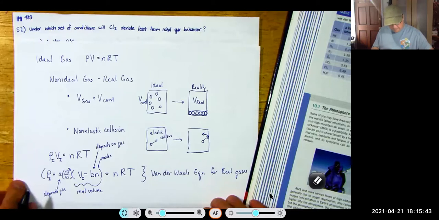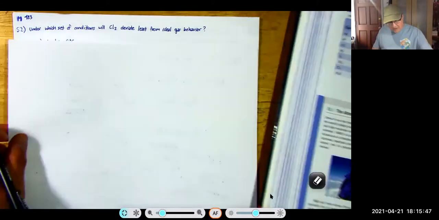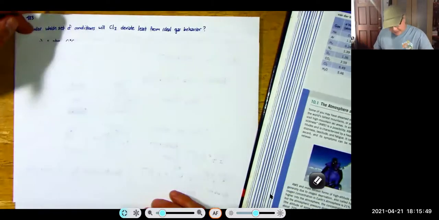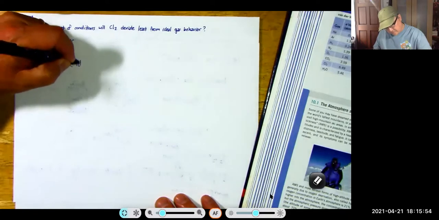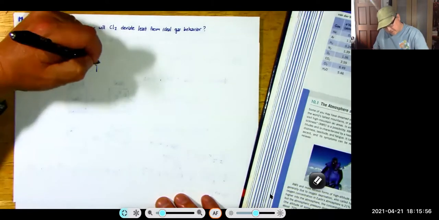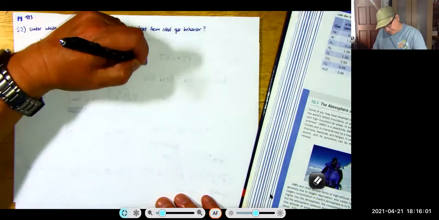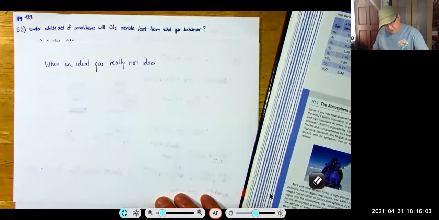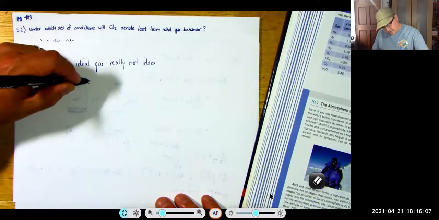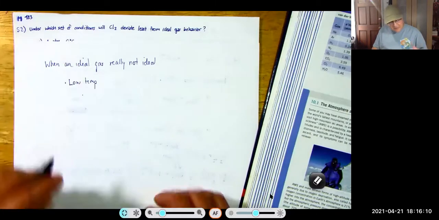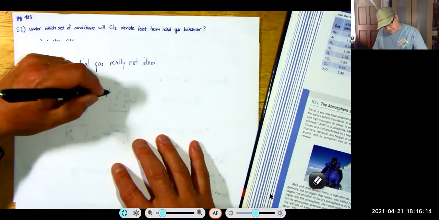Okay. Now, the other thing you want to know is, when are ideal gases really not ideal? And the answer is really simple. When you have a really low temp. The reason a low temp makes them not ideal is because kinetic energy is proportional to the temp in Kelvin.